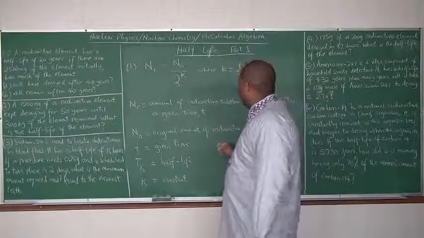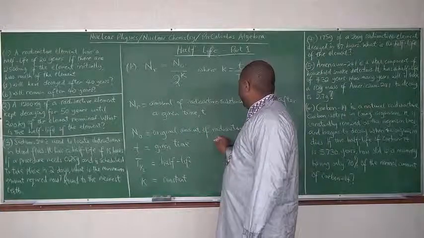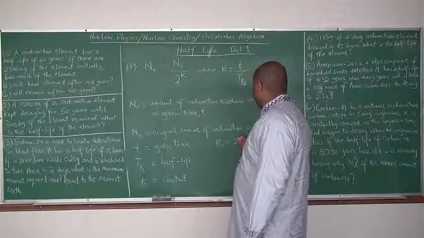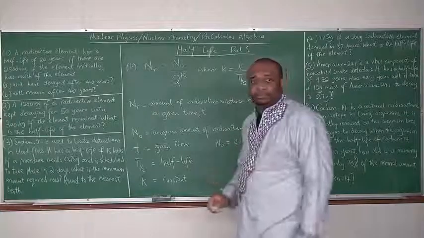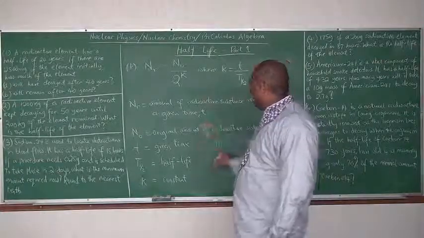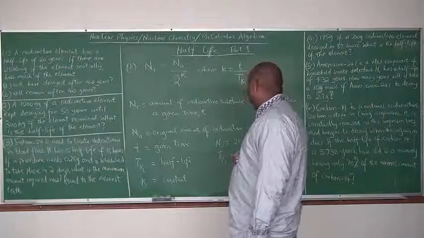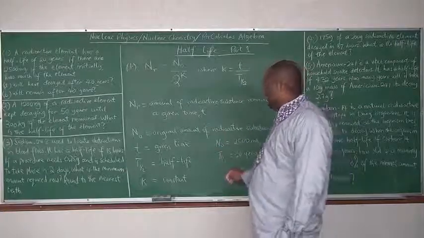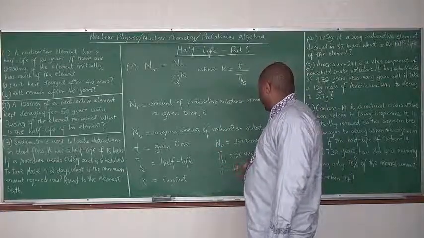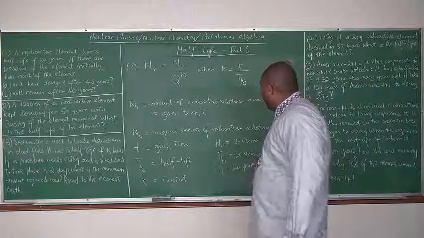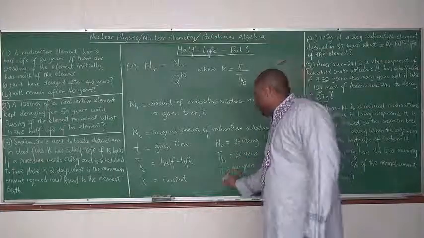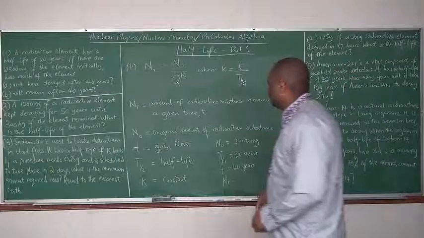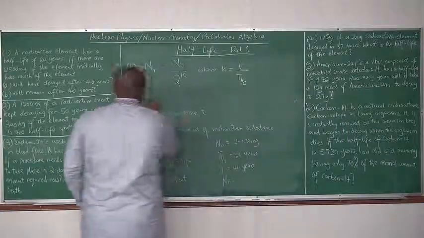What do we have? We have that N subscript O is 2500 milligram. Half-life is 20 years. T is 40 years. So how do we find N subscript R if we were to use this formula?